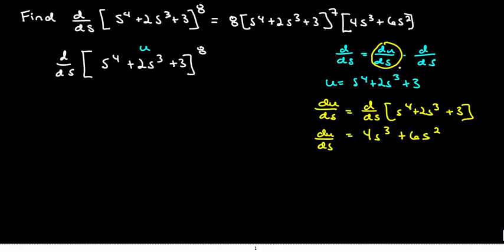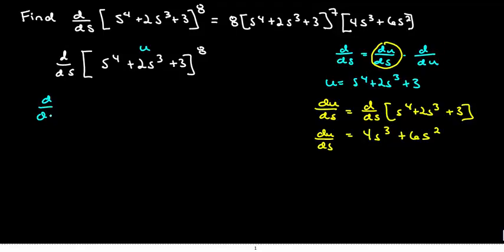Now, whoops, I wrote a du down here. I had it originally, I know I did. Okay, so what we're going to do is replace d/ds with these two right here.